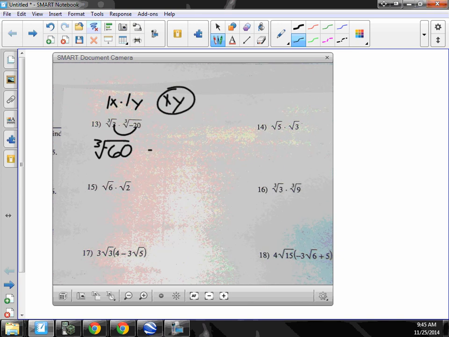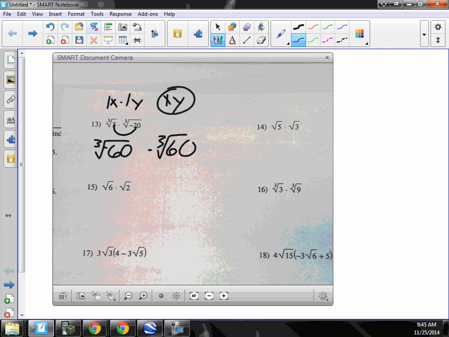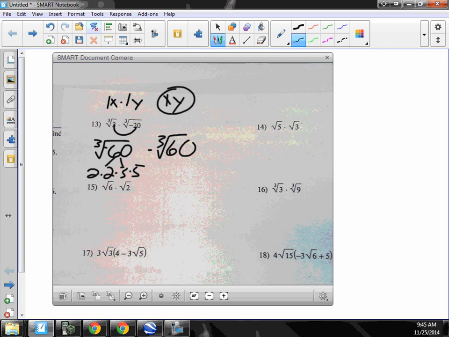So this is negative third root of 60. When I broke that down, I got 2 times 2 times 3 times 5. So that's 4 times 3 is 12 times 5 is 60. And I don't have 3 of anything, so I can't bring it out. So you can multiply the inside of roots as long as the roots have the same number out front. So if you have a square root times a square root, you just multiply the numbers inside.